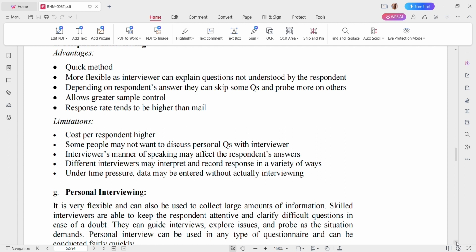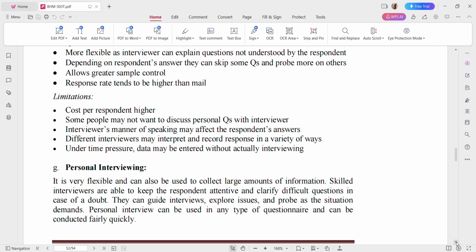Although you speak the same words, the manner you say that word may have different implications to the receiver. Kasi may mga tao talaga na pasigaw magsalita kahit hindi naman galit. So it may affect the respondent's answer. Now, different interviewers may interpret and record the response in a variety of ways, and under time pressure, data may be entered without actually interviewing. Yung mga limitations natin.